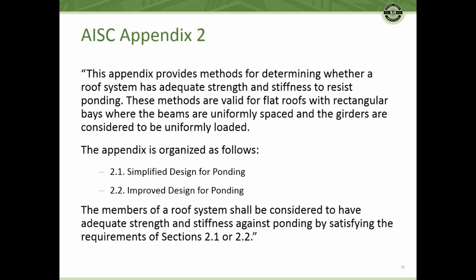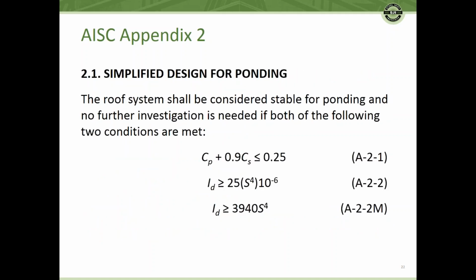And you might recall the improved method makes use of graphs, and you go into the graphs and determine whether your roof is susceptible to ponding. This is the simplified method, which says that if C sub P plus 0.9 C sub S is less than 0.25, all is well, ponding isn't a concern.